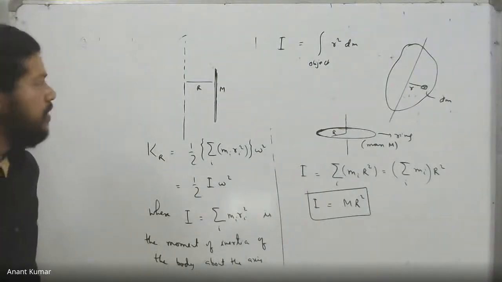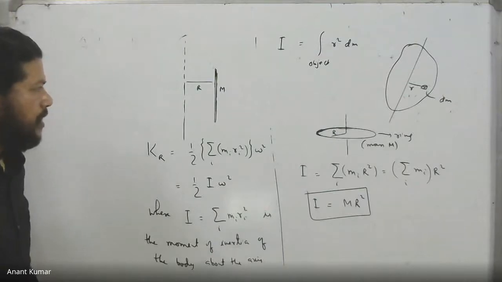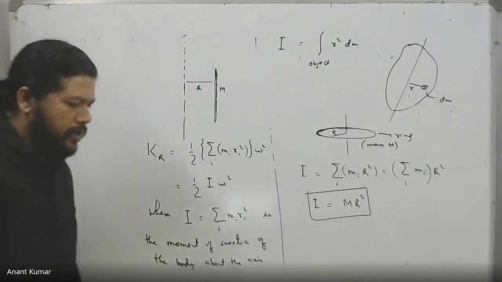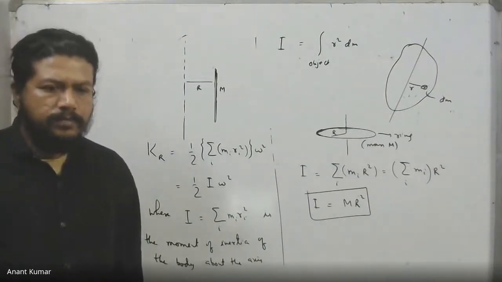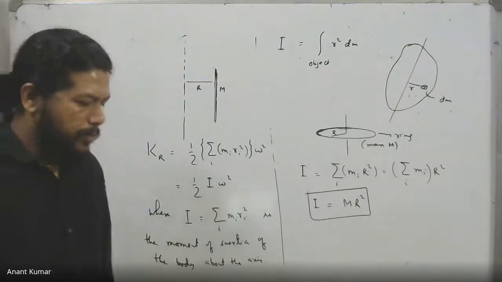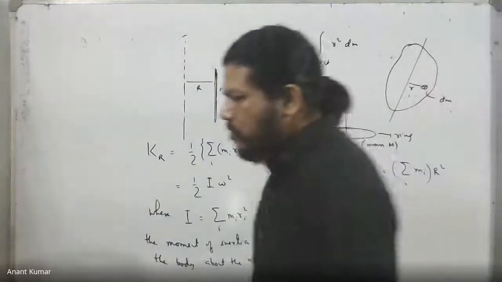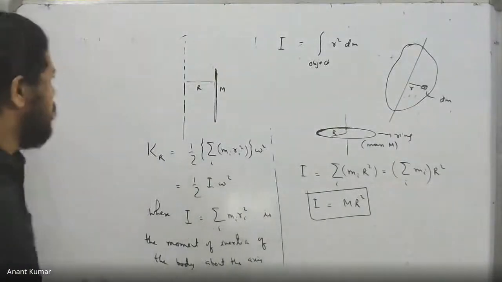But before looking at the computations, there are two theorems, two results, which usually simplify the calculation of moments of inertia. Just look at them, and then we can look at calculations of certain moments of inertia.